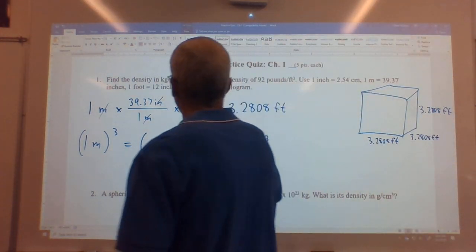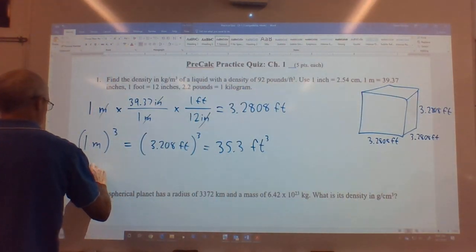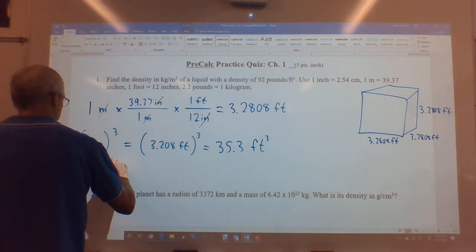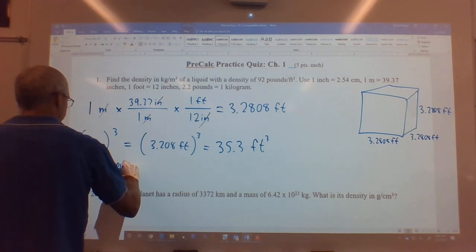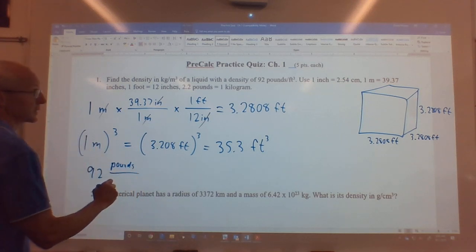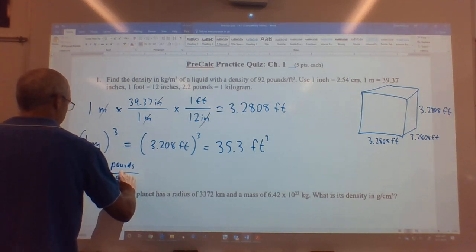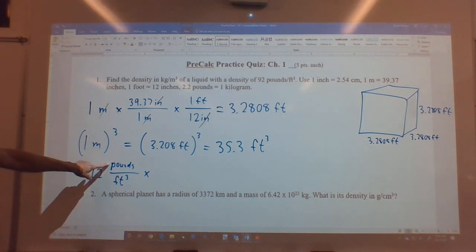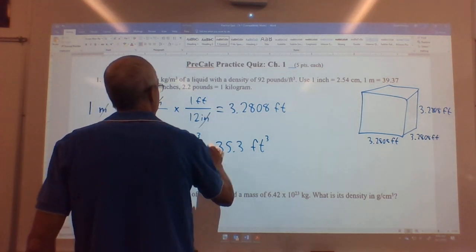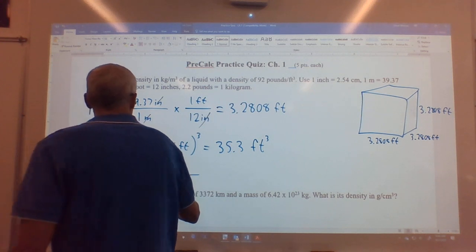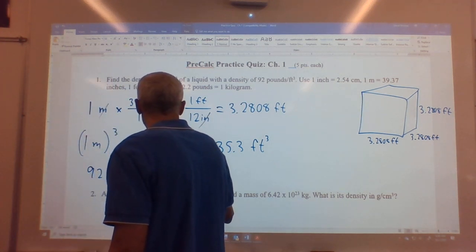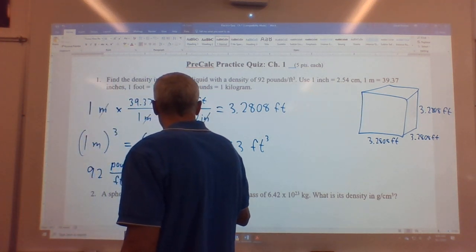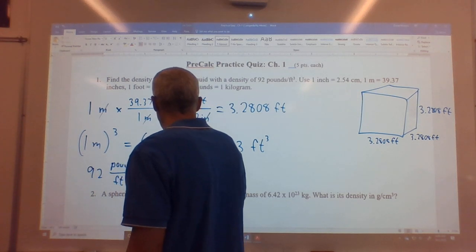Now we're ready. We have 92 pounds per foot cubed. And we do our regular rule. We have pounds in the top, so we'll use this number here. 2.2 pounds is 1 kilogram. I put the 2.2 pounds in the bottom, 1 kilogram on the top.